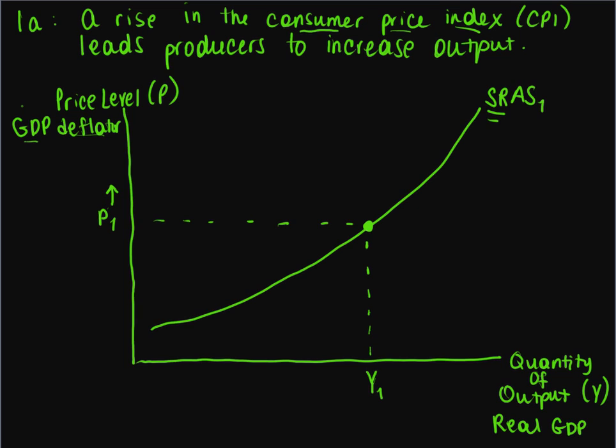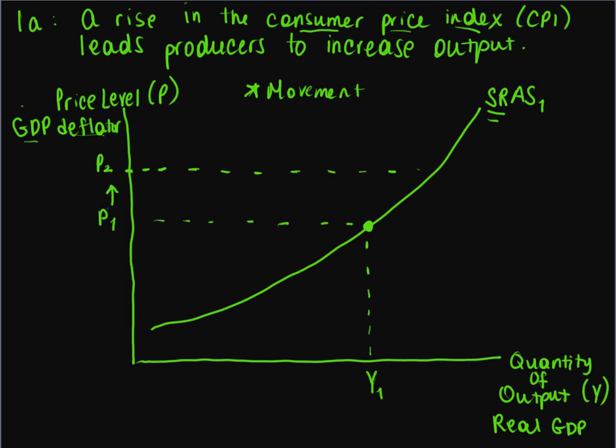So I'm going to say that the price level increases from P sub 1 to P sub 2. Because this is a change in the price index, this is a movement along the curve, and we're going to move to a place that corresponds with this rise in the level of prices. So we're going to move to here.